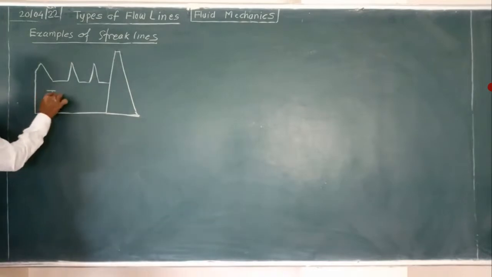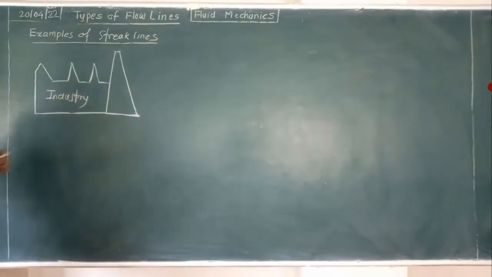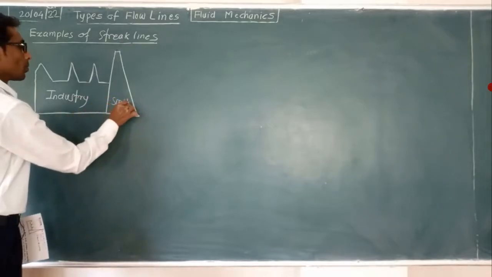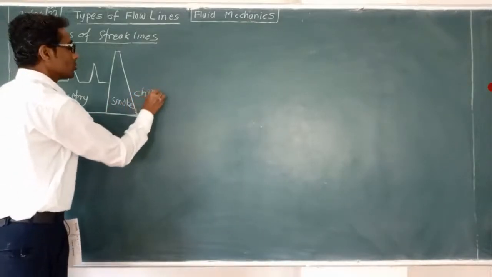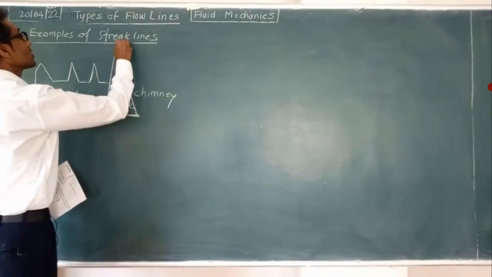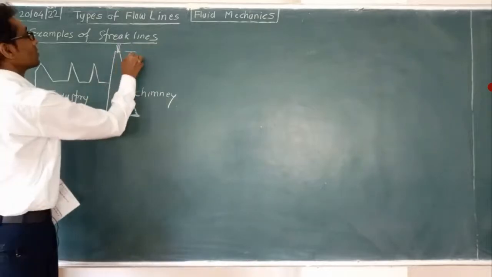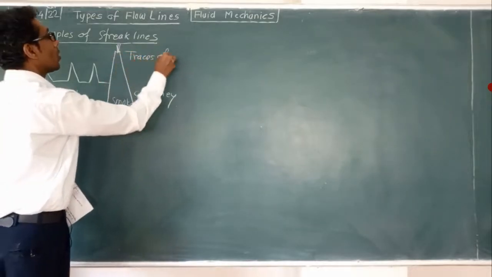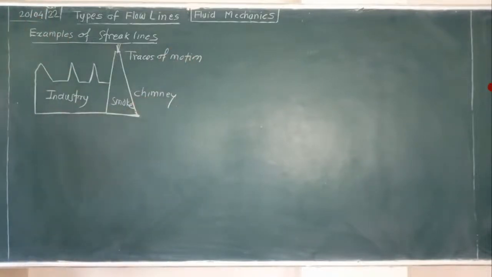This is some kind of industry that is producing some smoke in operation. To release this smoke at some height, this is used. It is called a chimney. Here we find the smoke which comes out. This traces the motion. This is called a streak line.